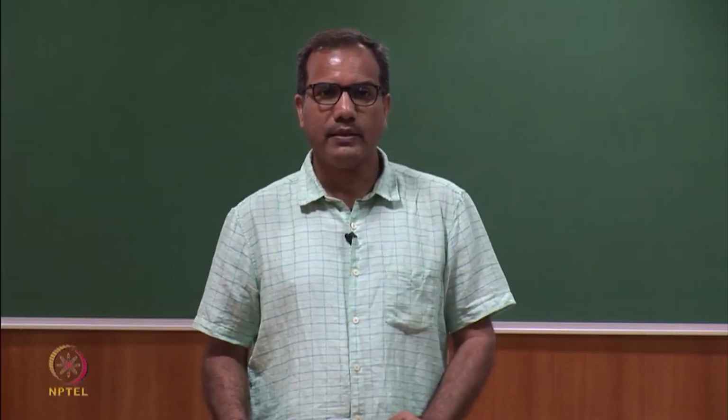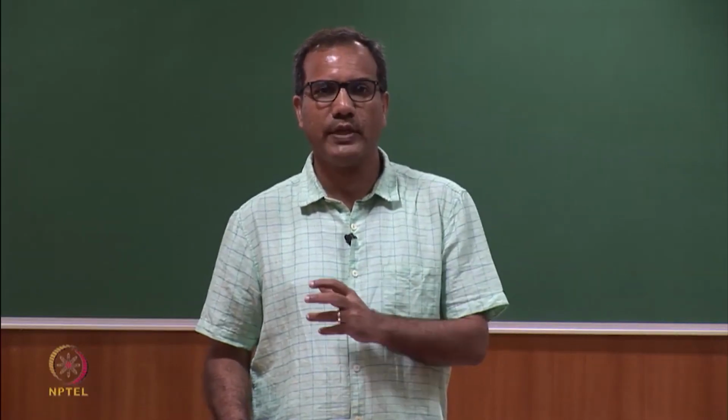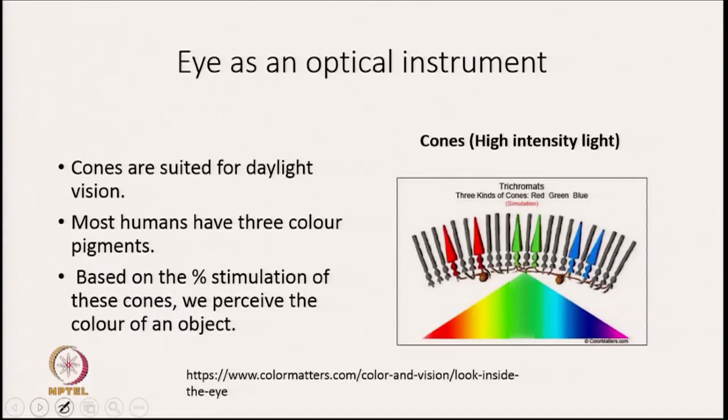On the other hand, cones are suited for daylight vision, and cones have different kinds of color pigments. They have three color pigments. Here you can see these two are blue, these two are green and these two are red.